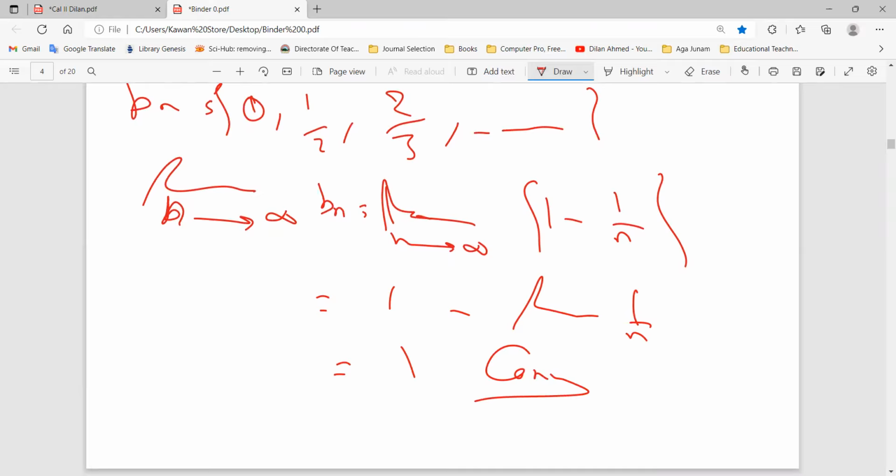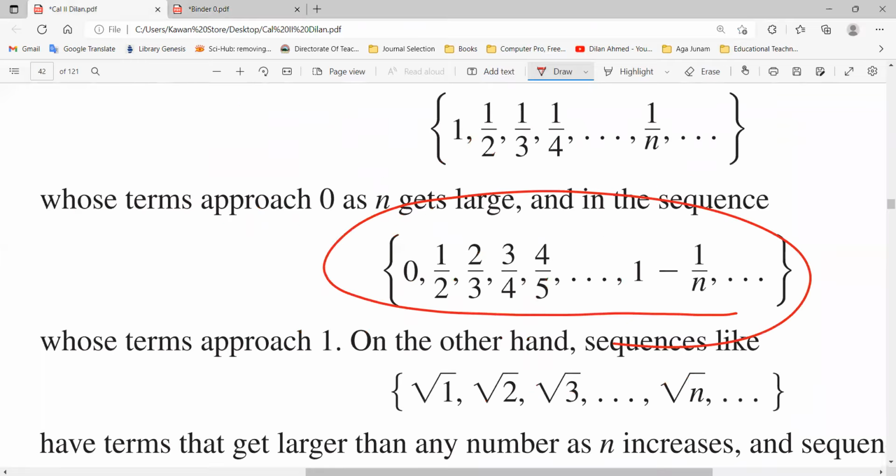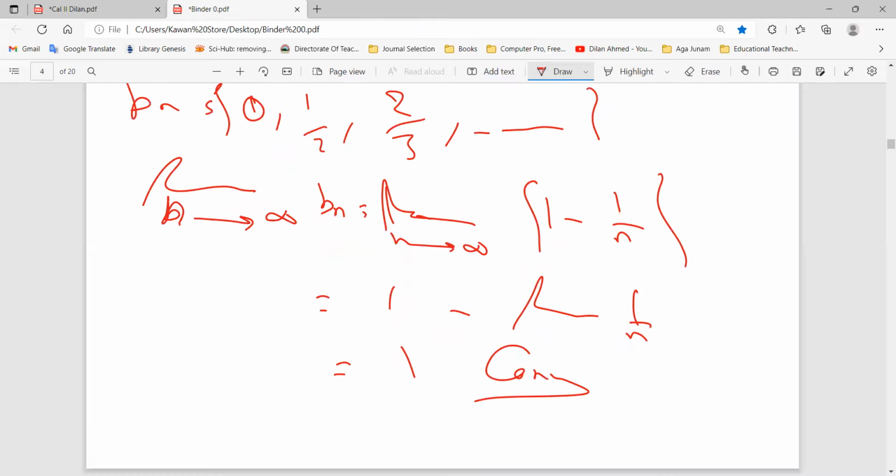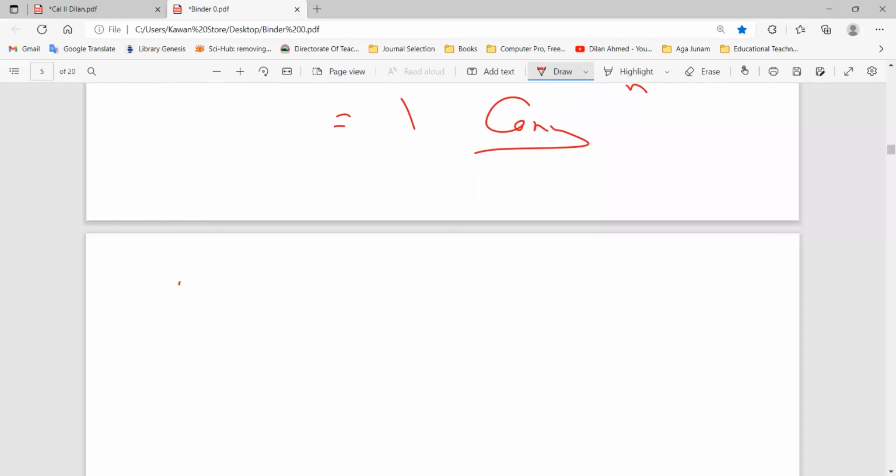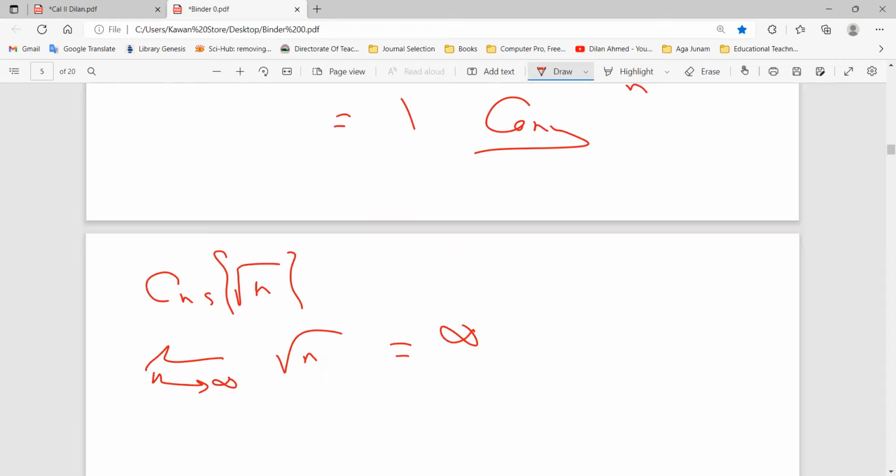Understood, dear? Okay, tell me about the third one. Yalla. Cn equals square root of n. So the limit of Cn as n approaches infinity equals what? Infinity, exactly, and it will diverge.